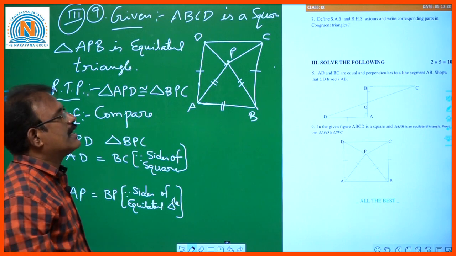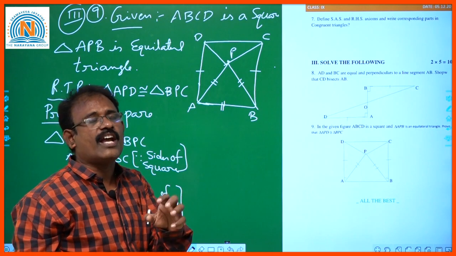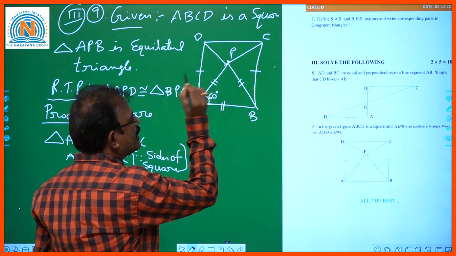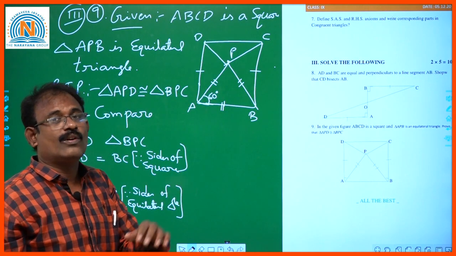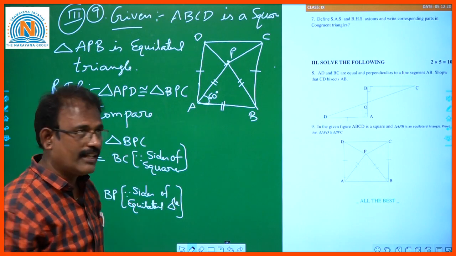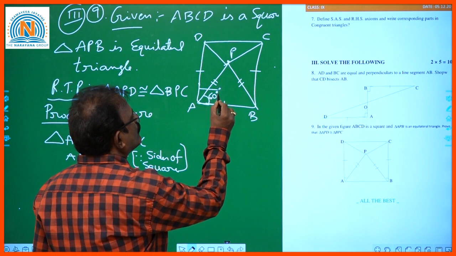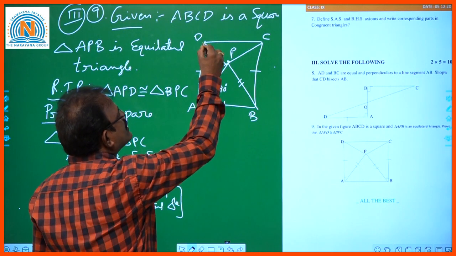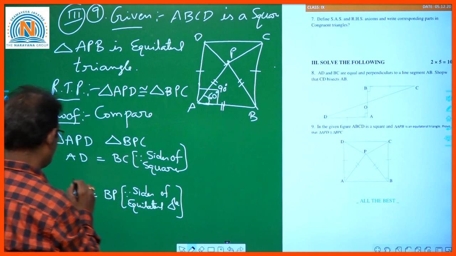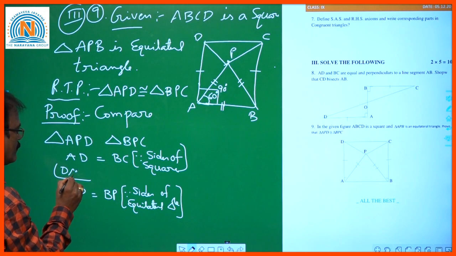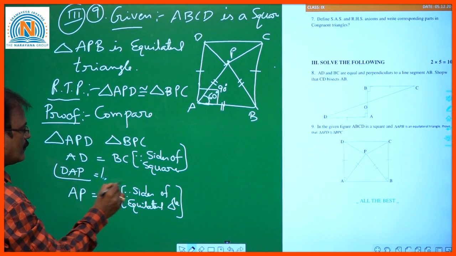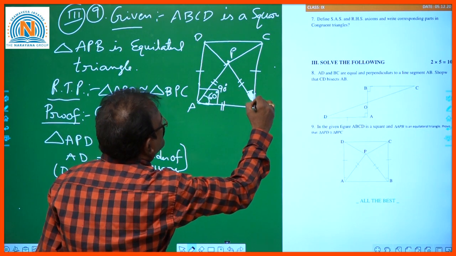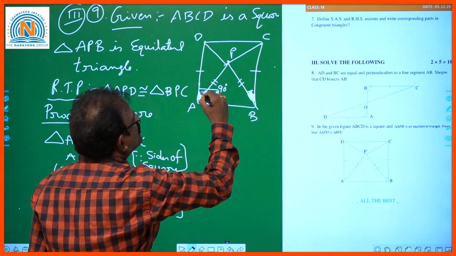Good. Now also we know that what is each angle measure in an equilateral triangle, children? 60 degrees. Very good. Also we know that what is each angle measure in a square? 90 degrees. So what was the angle DAP? Angle DAP means this is the angle, children.